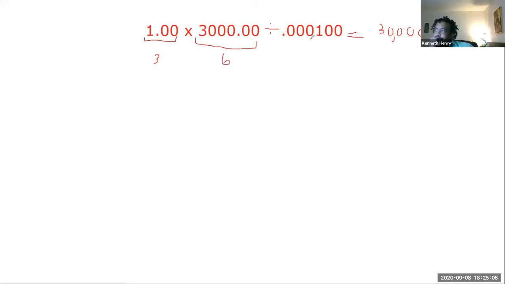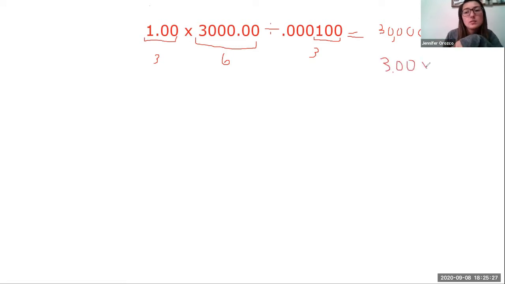And then here? 3. Okay. So how many sig figs should we have? 3. So how should I write this? 3.00 times 10 to the 7 power.